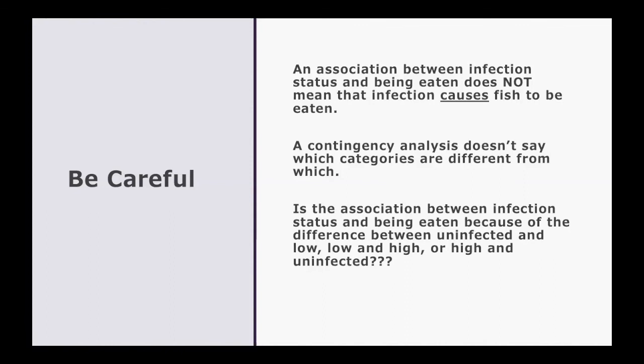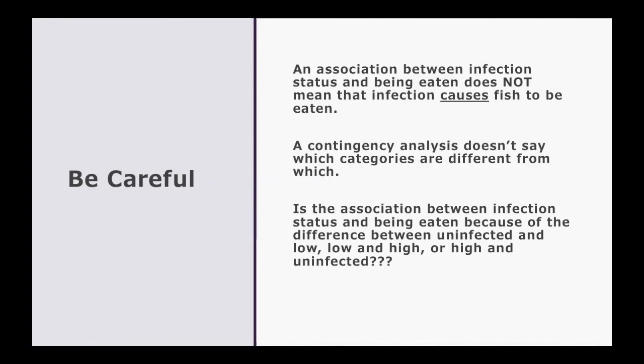It's also important to remember that in a contingency analysis, we don't differentiate which categories are different from which other categories. Now, in a 2x2 contingency analysis, this would be pretty straightforward. But in this case, we had a 2x3 contingency analysis.